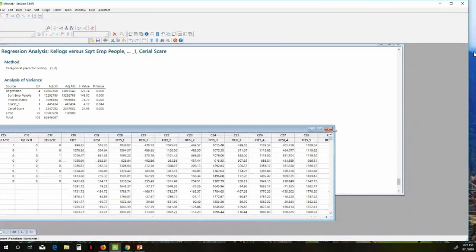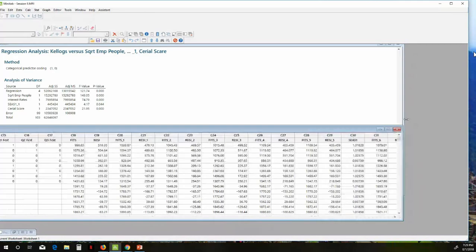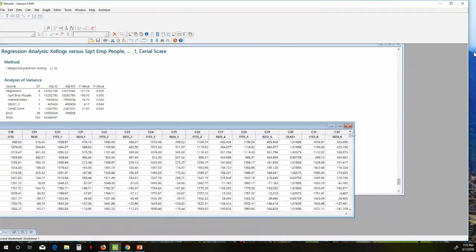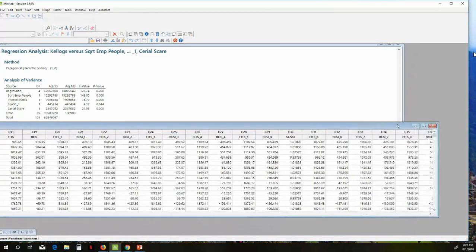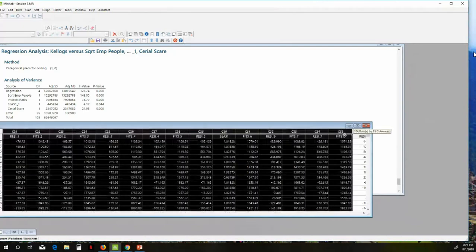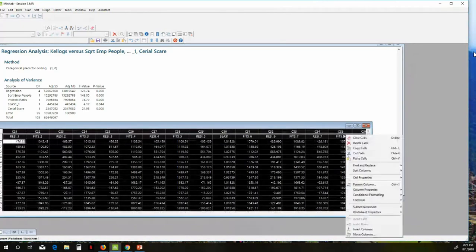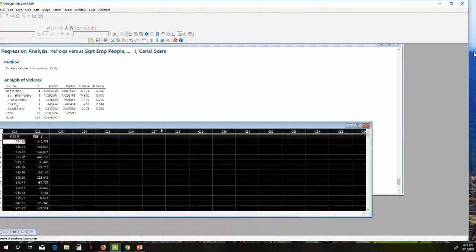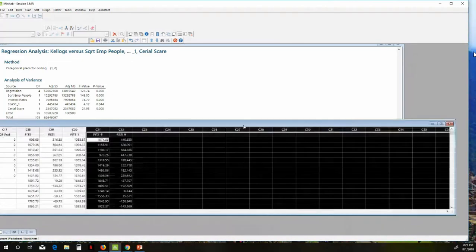I'm really going to have to nuke some data, aren't I? Residual 6. Let's get rid of all of that stuff. Redo this one more time.